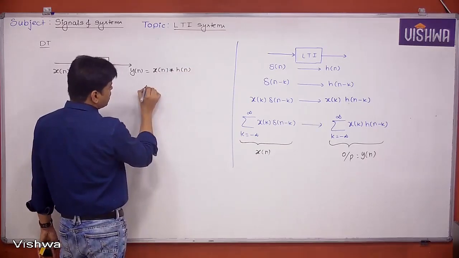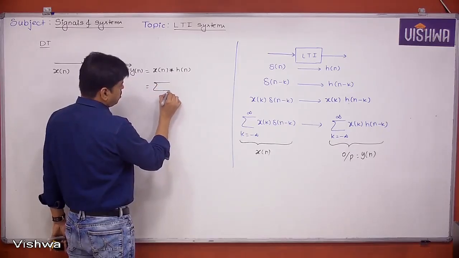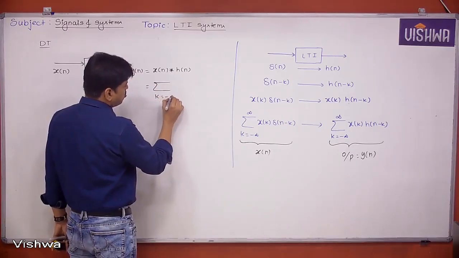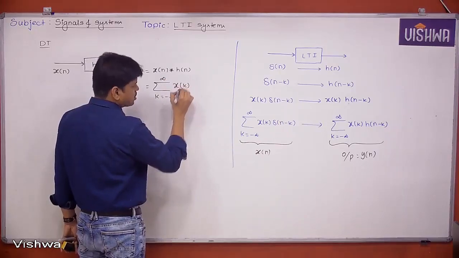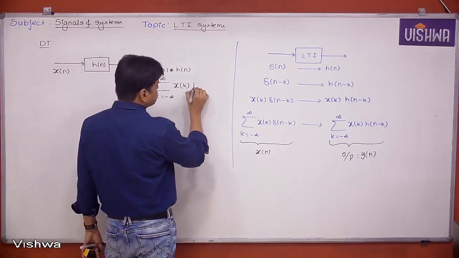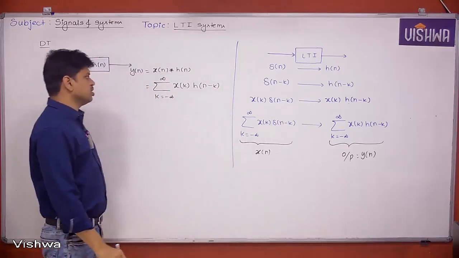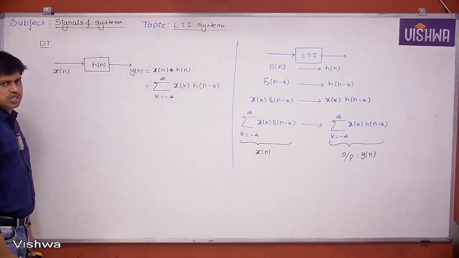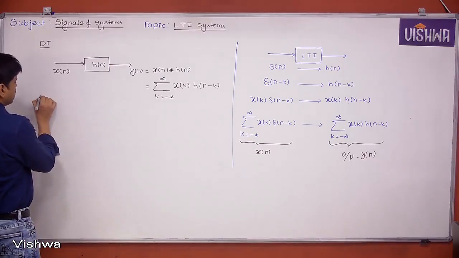What is the mathematical formula for this? It is summation, with dummy variable k changing from minus infinity to plus infinity, x of k, that means x of the dummy variable, times h of n minus k. So this is the formula for convolution in the discrete time case. Now, what if I take the continuous time case?